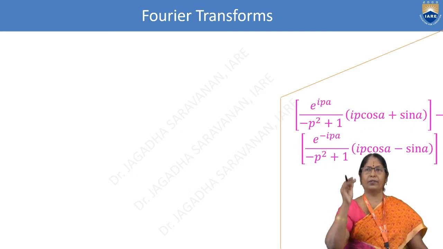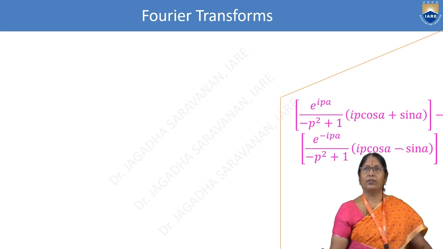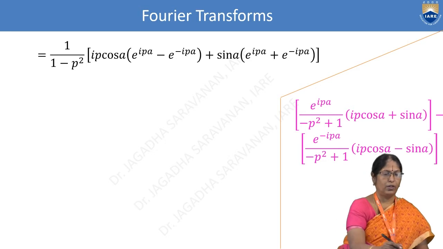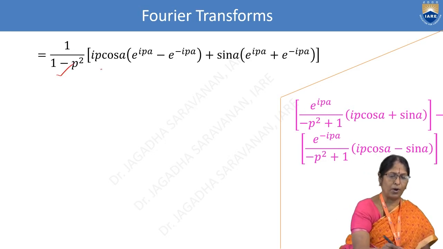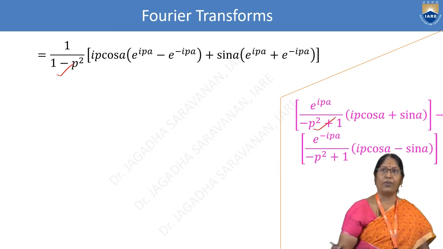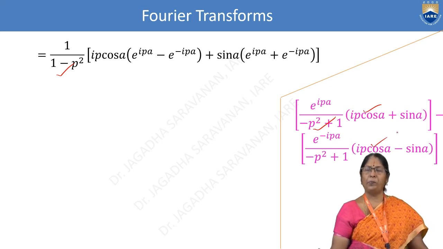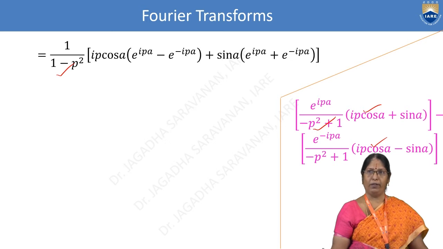Actually, we got it in the previous slide; this is the last term. So now we can see 1 by 1 minus p square. Here and here, i p cos A, the term is common.